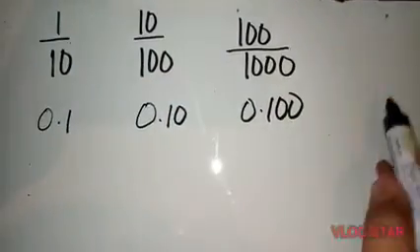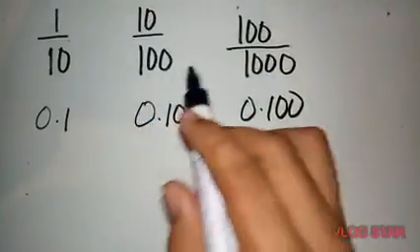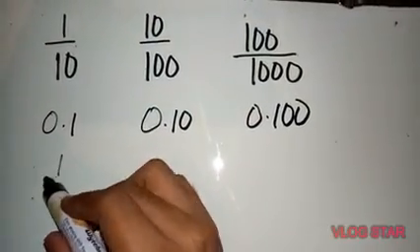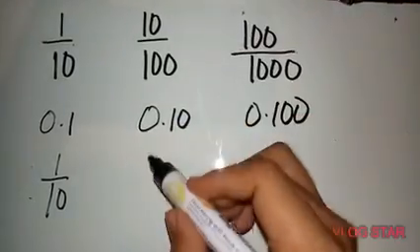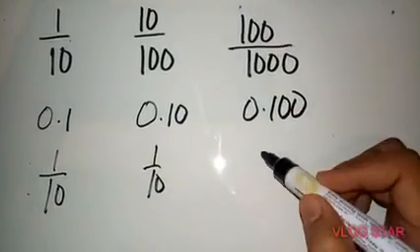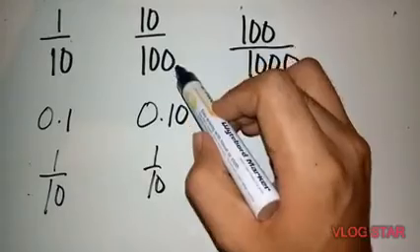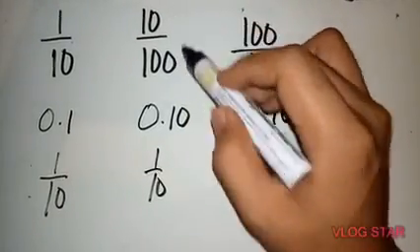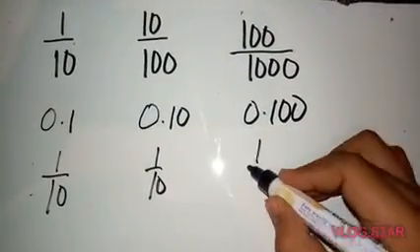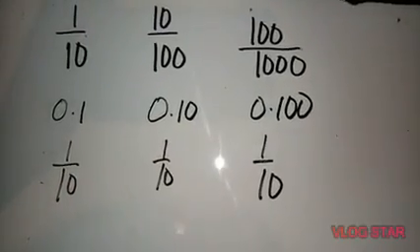But if we rewrite or simplify each decimal fraction, this can be written as 1/10. Divide both the numerator and the denominator by 10, and this one can be written as 1/10.